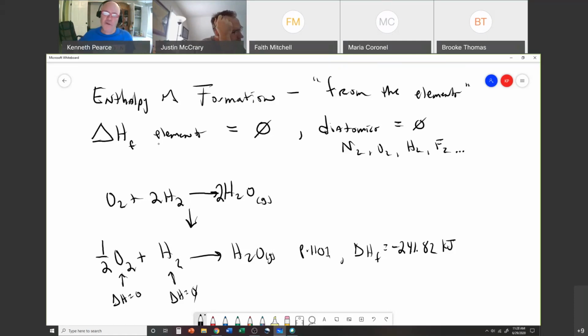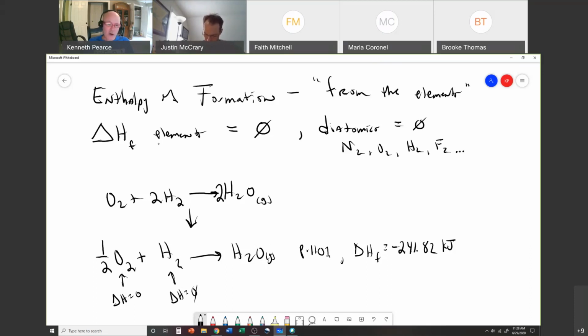I got that off page 1101, and it's a table. That's the energy of formation from the elements, assuming that delta H of the elements is 0. So delta H formation for water is minus 241.82 kilojoules. We can do this for all sorts of substances. There are tables and tables, and very thick, heavy, big books filled with nothing but these sorts of things.